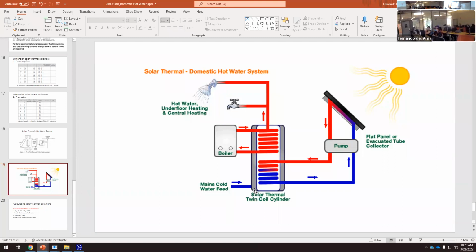The water that is here in the tank goes up through the solar collector, and then it returns to the tank at a different temperature, and we don't have this heat exchanger. This is more efficient because we always lose some heat in the heat exchanger; not all the heat here is transferred to the tank.